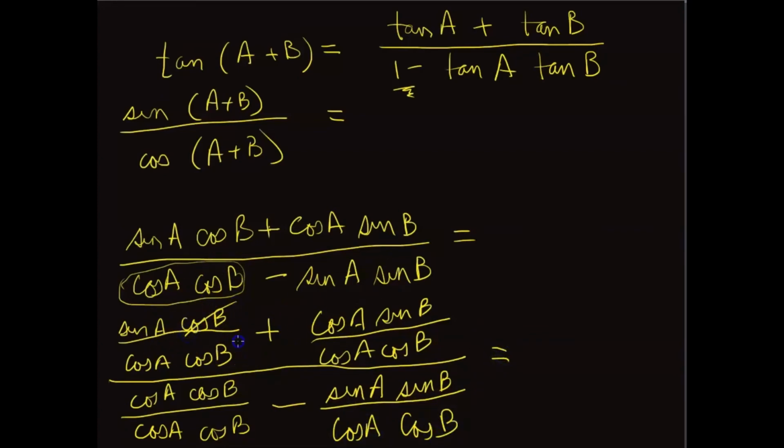The cosine B's cancel. Sine A over cosine A is tangent A. The cosine A's cancel. Sine B over cosine B is tangent B. Of course, cosine A, cosine B over cosine A, cosine B is all 1s, minus the sine A over cosine A, which is tangent A, times the sine B over cosine B, which is tangent B.